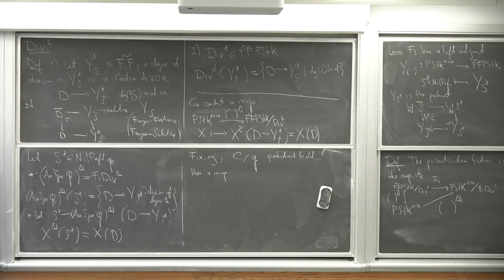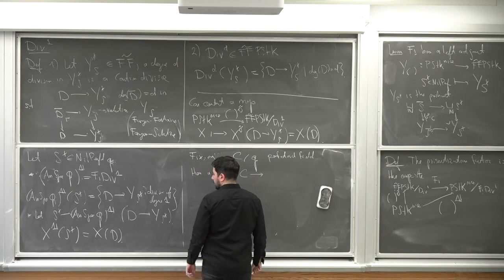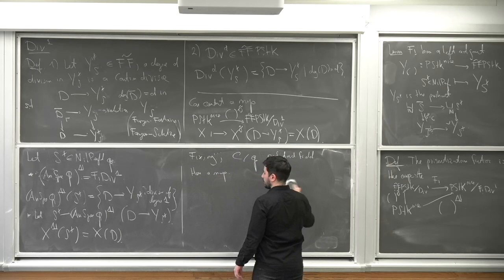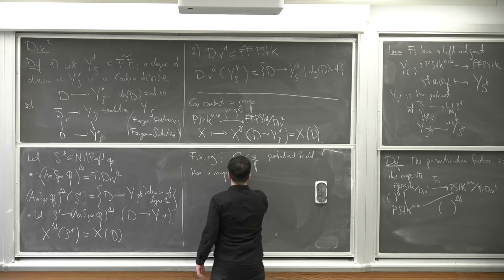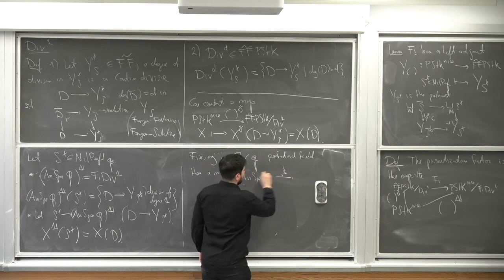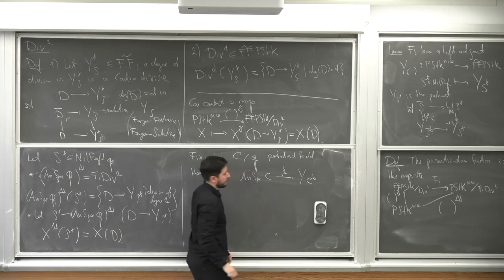From the perfectoid to the prismatization of this guy by just a map from a divisor defined by some C in this pattern, we can keep it flat.